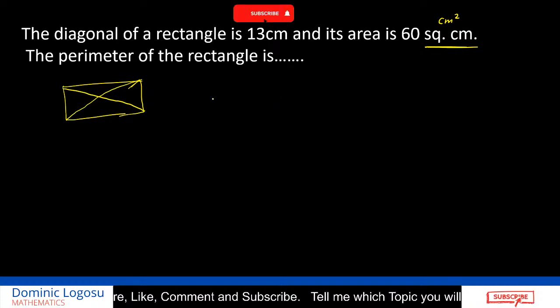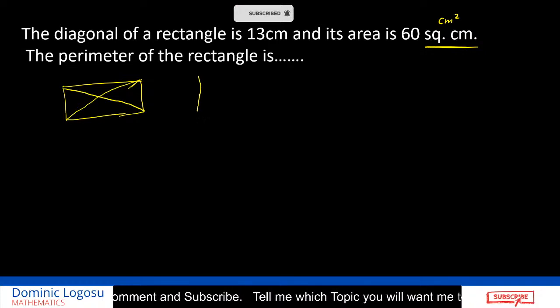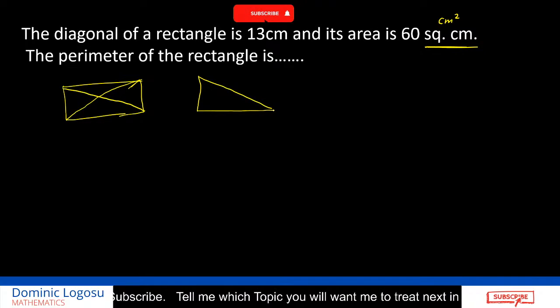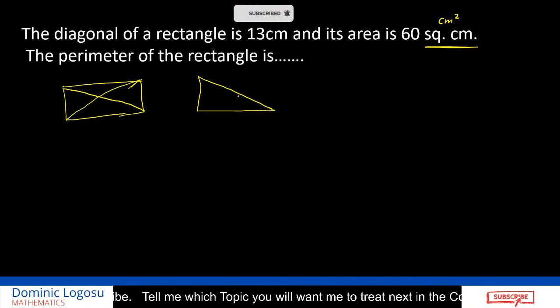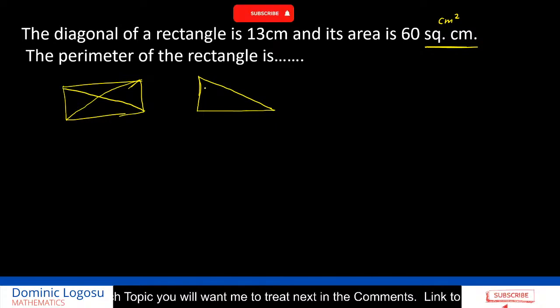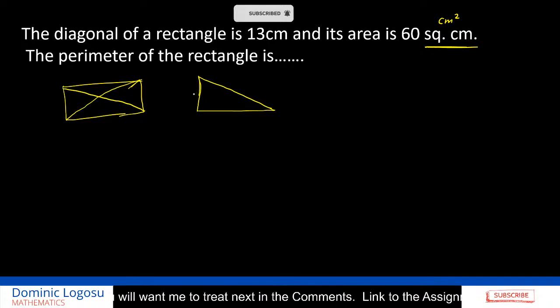Okay, so now to find the diagonal, we want to use Pythagoras theorem. So I'm going to take this opportunity to explain it quickly. For those who do the Sky class, this has already been taught. For those who are just in a normal school class, this has not been taught, so I'll just chip in something small. Now, Pythagoras says that we have A, B, C. So these are the sides.